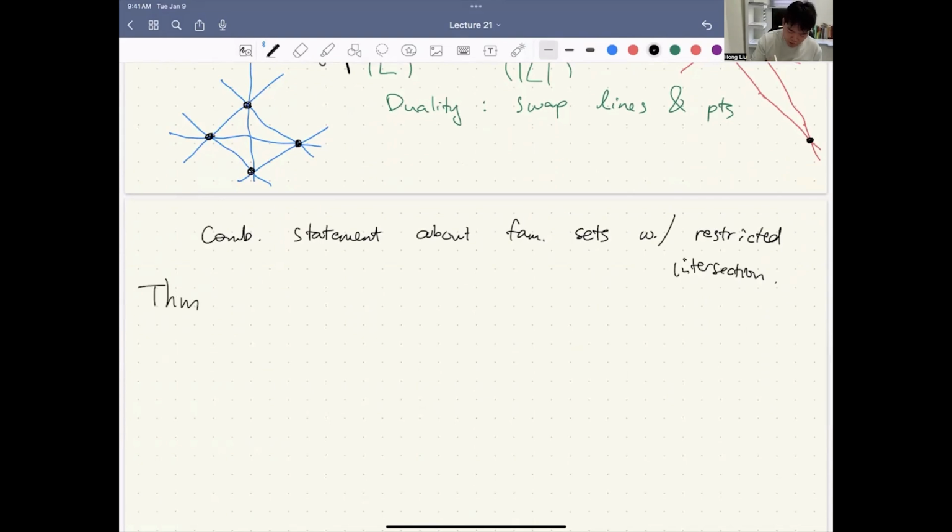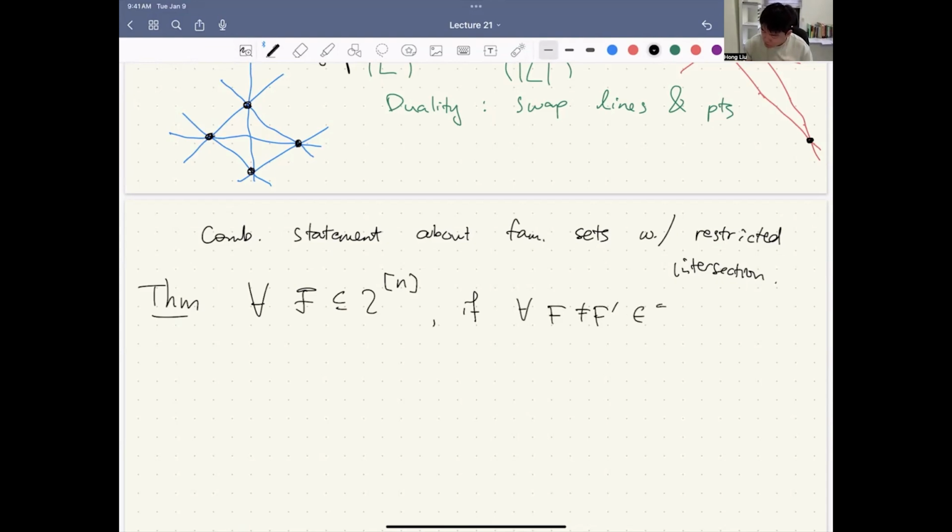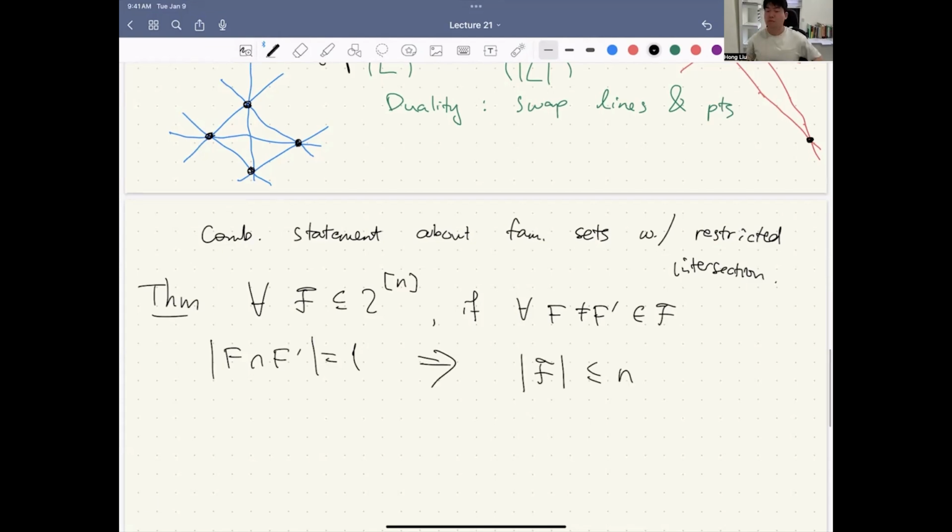This is the statement. Theorem: for a family of subsets of [n], if they are pairwise intersecting, but they intersect in exactly one place, that is, for any f not equal to f prime, any two sets, we have f intersect f prime is exactly 1, then the number of sets in our family is at most the size of the ground set n.